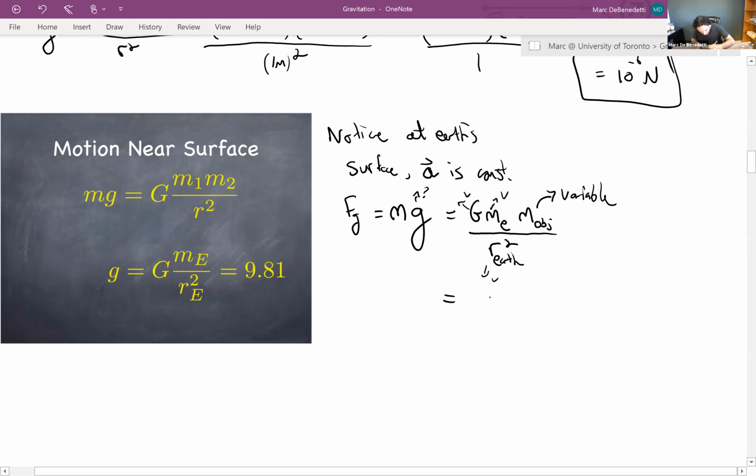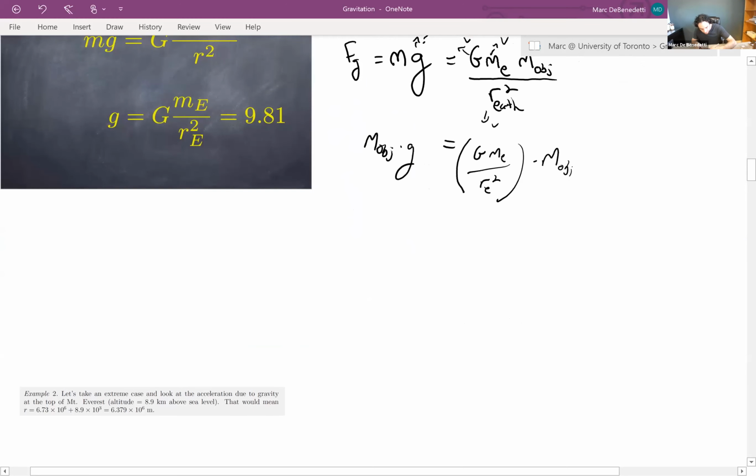So we actually say mass of the object times g is going to be the same as capital G times the mass of the Earth over the radius of the Earth squared, times the mass of the object. So using Newton's law of gravitation, you can see that little g is equal to capital G times the mass of the Earth over the radius of the Earth squared.